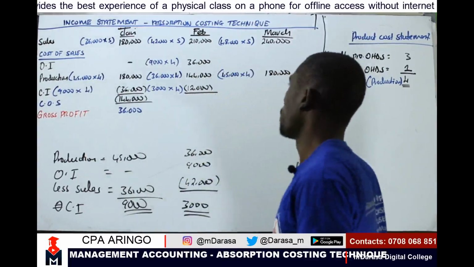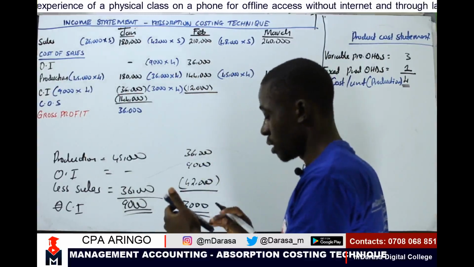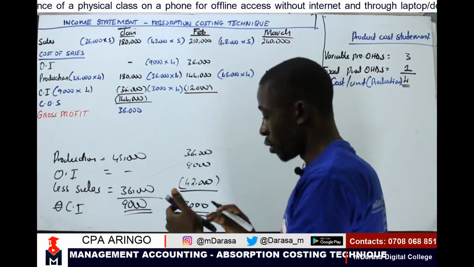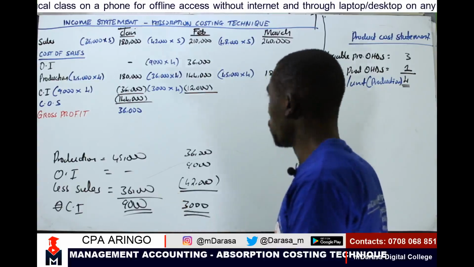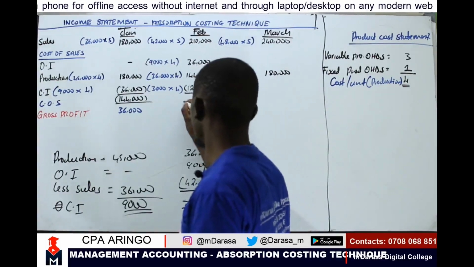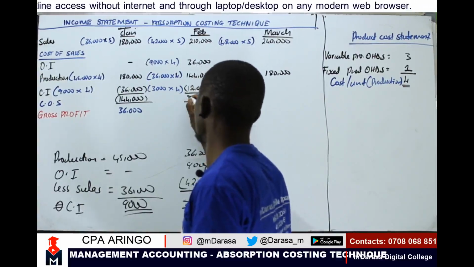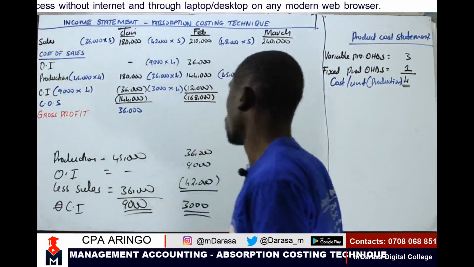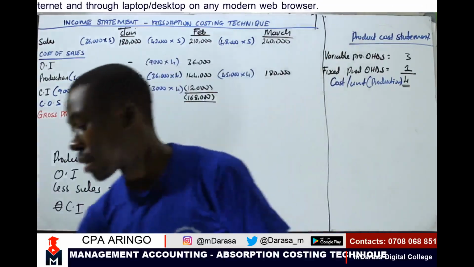So to determine our cost of sales for the month of Feb, I should be having 36,000, we add 144,000, we deduct 12,000, to give me 168,000. So our cost of sales here is 168,000. Having that, you can comfortably determine our gross profit for the month of Feb.